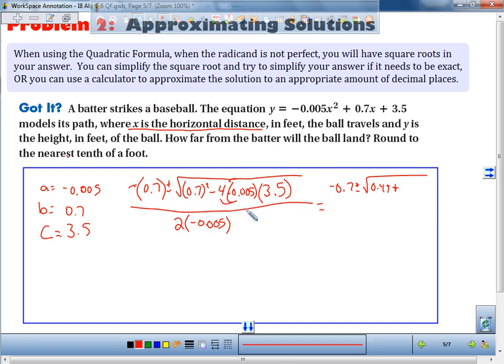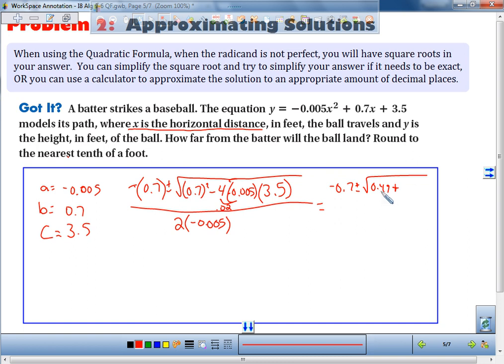this gives us 0.02, and then 0.02 times 3.5 is 0.07.